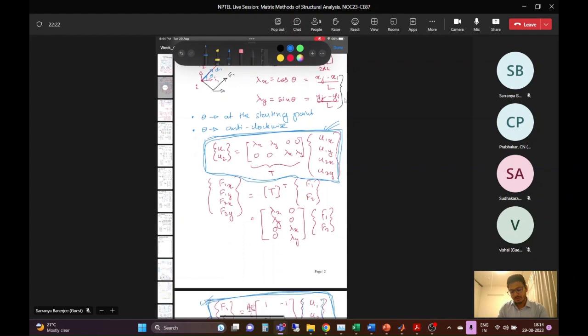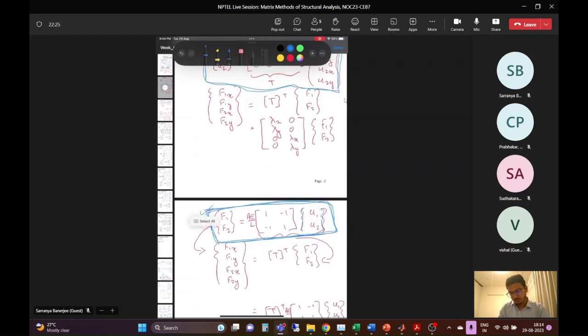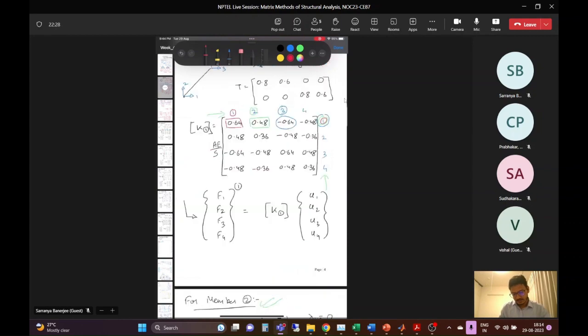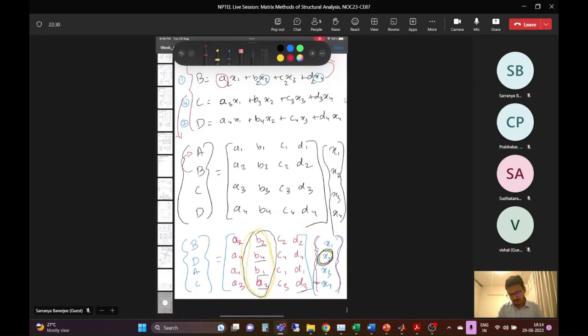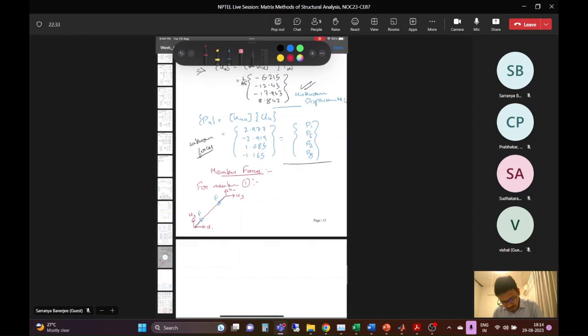So basically the member forces F1 and F2 would become AE by L [1 -1; -1 1] into transformation matrix into the displacements of the considered member. The displacements of the considered member are u1, u2, u3, u4, right?